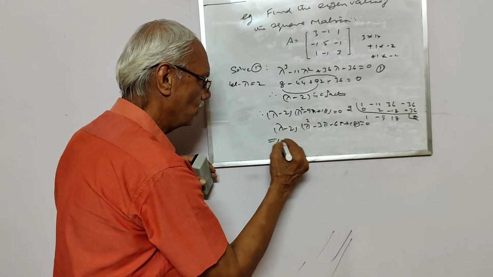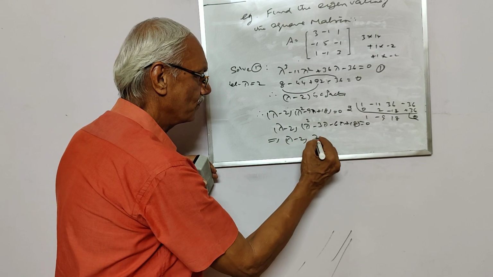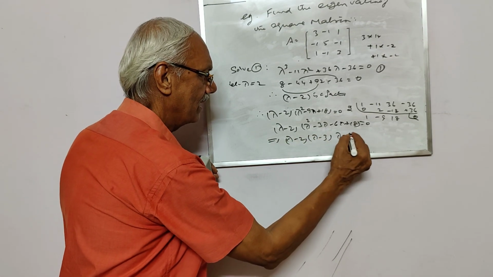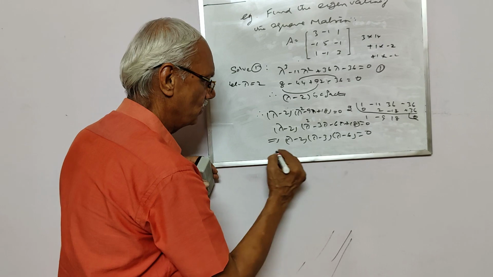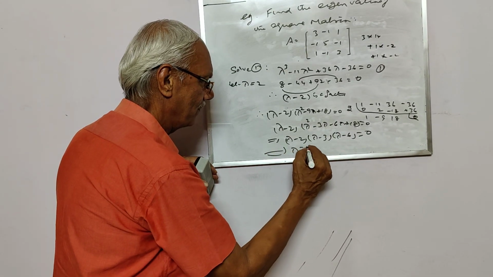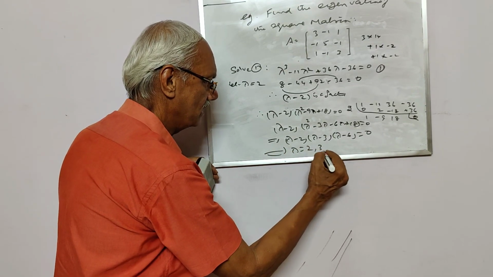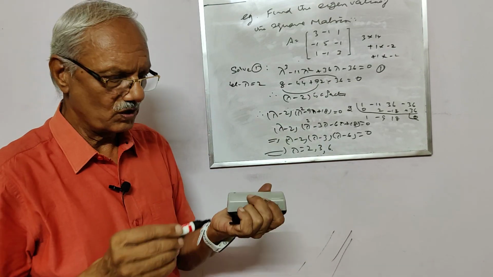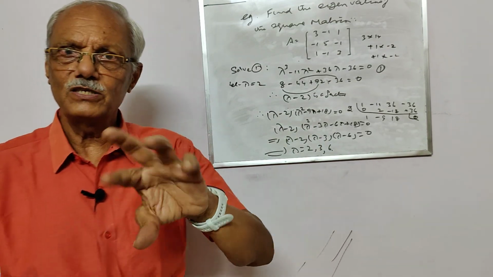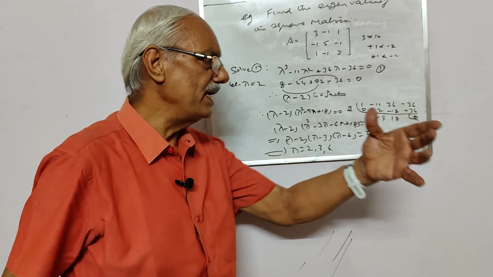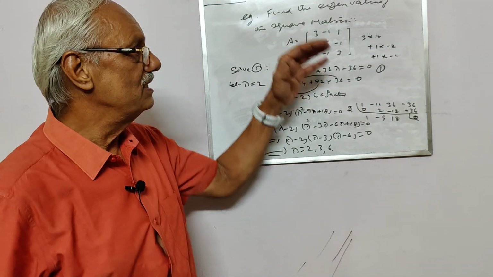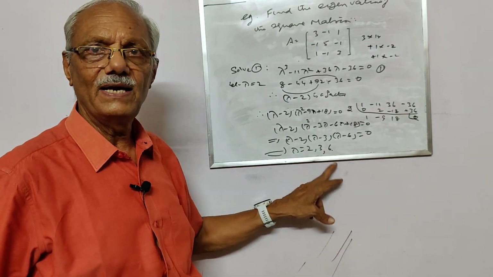So this gives you lambda minus 2, lambda minus 3, lambda minus 6 is equal to 0. So this implies lambda is equal to 2, 3, 6. So what are the characteristics? Lambda 1 is equal to 2, lambda 2 is equal to 3, lambda 3 is equal to 6. So these are the eigenvalues.